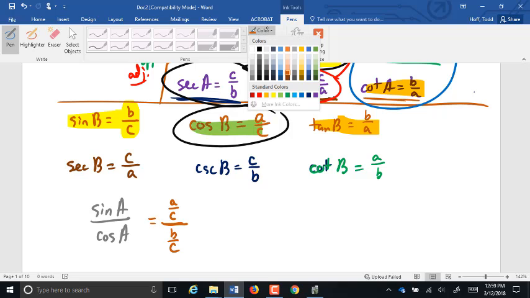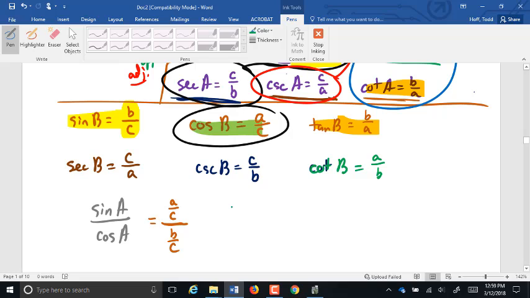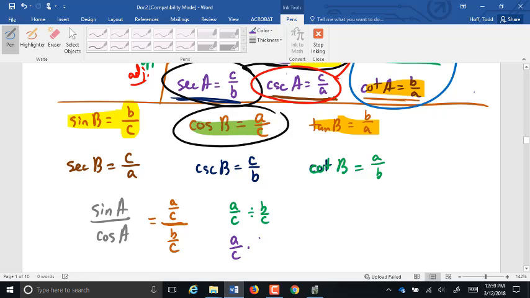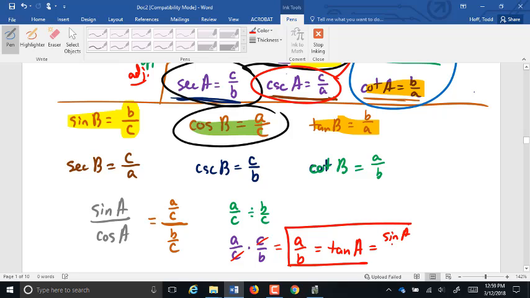B over C. If I divide those, A over C divided by B over C, we make it A over C times the reciprocal, C over B, and you're absolutely correct. The C's cross cancel out. We've got A over B. Well, A over B was tangent of A. So what that means is the tangent of A is equivalent to taking the sine of A divided by the cosine of A.